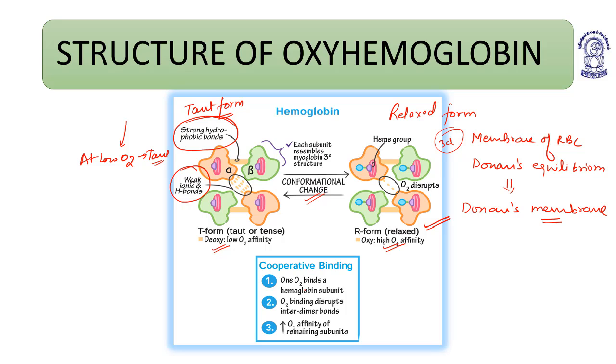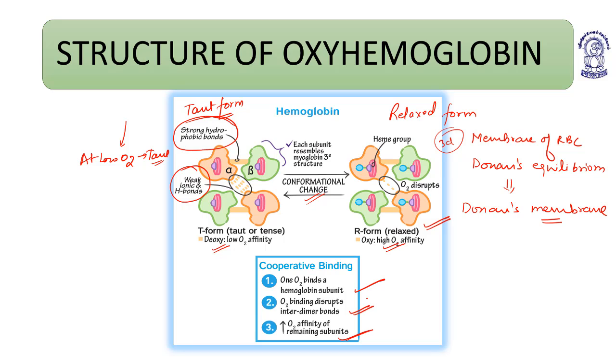One O2 binds a hemoglobin subunit. O2 binding disrupts interdimer bonds, and the O2 affinity of the remaining subunits increases. So this is known as what? Cooperative binding, the conversion of the taut form into the relaxed form when oxygen is taken up by hemoglobin.